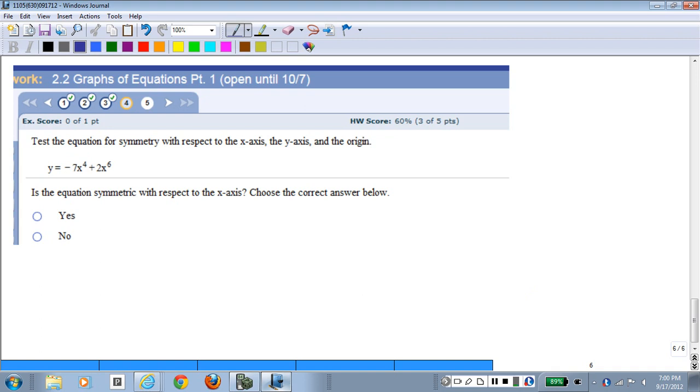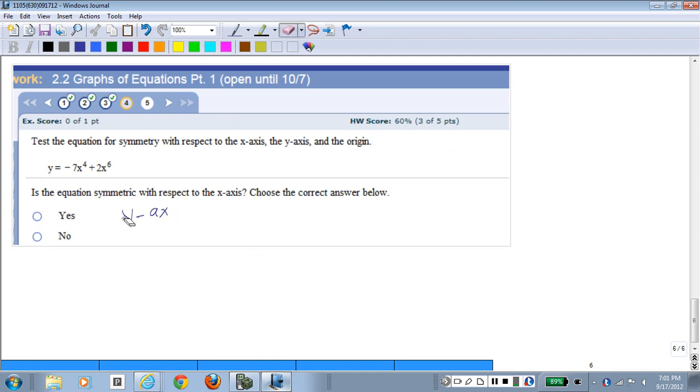Yeah. The even exponents on the x's are kind of hinting to me that it might have y-axis symmetry. So that would be the first thing I might check. Well, it's asking for the x-axis symmetry.